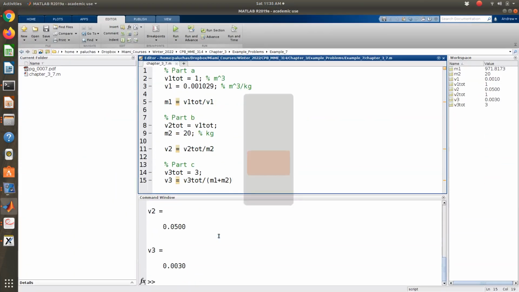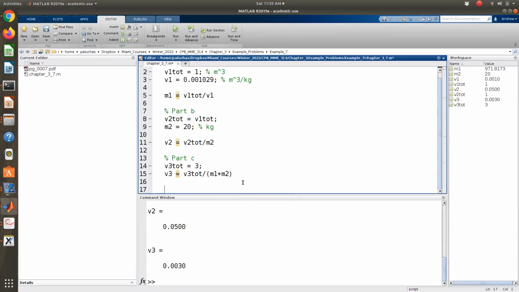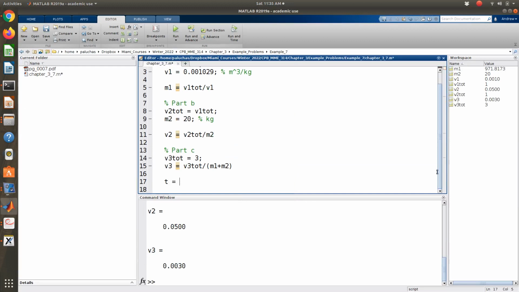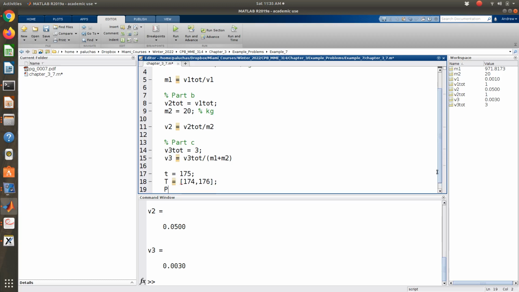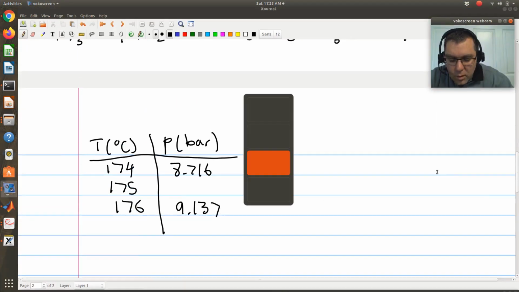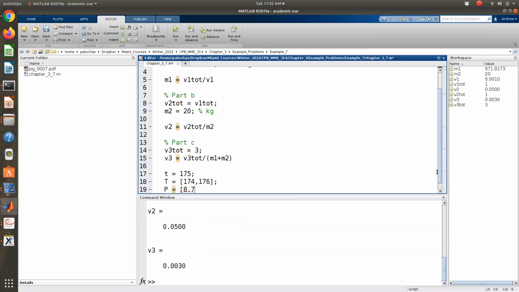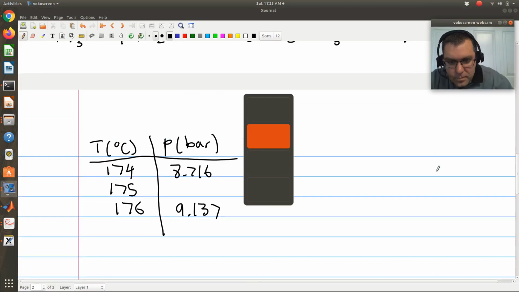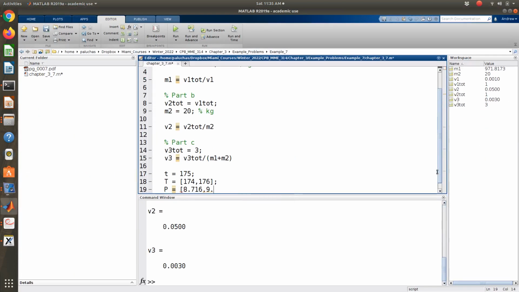So if I'm going to interpolate, my temperature, again, is 175. I create my vector of temperatures. I have data at 174 and 176. The corresponding pressures were 8.716 and 9.137.